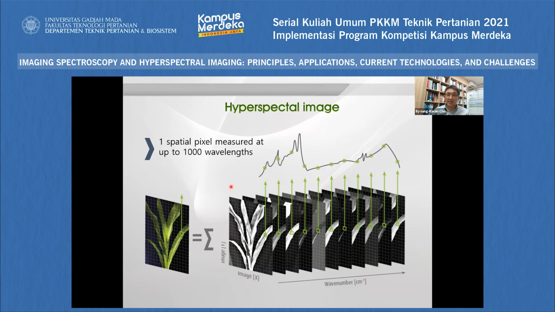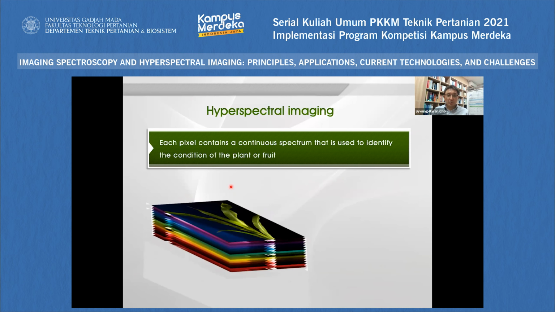That is the advantage of hyperspectral images. Image, and each pixel is a spectrum. It has chemical information. So hyperspectral images have good advantages to measure physical and chemical information of samples.